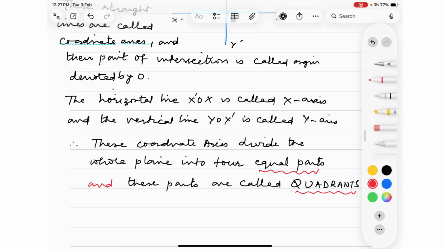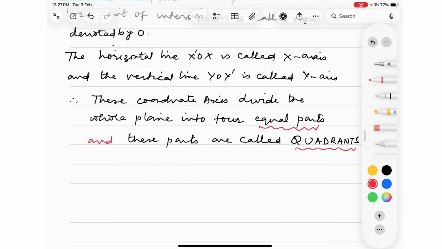Once again, this is X O X dash, Y O Y dash. These are called coordinate axis, dividing the plane into 4 equal parts called quadrants.